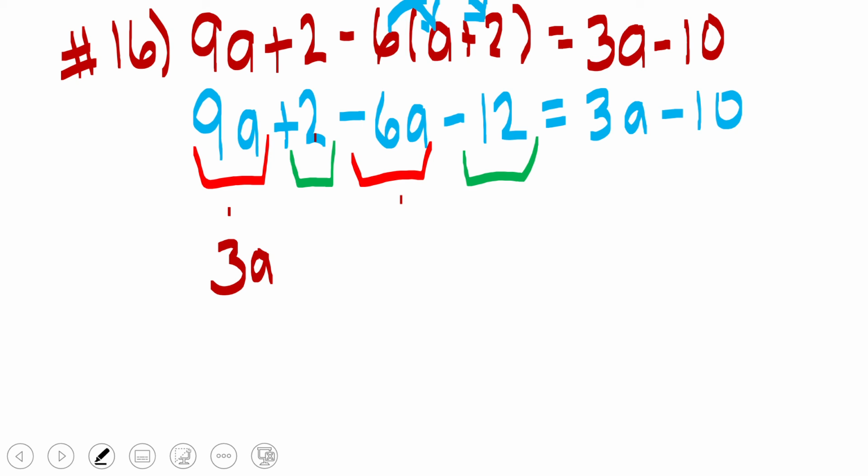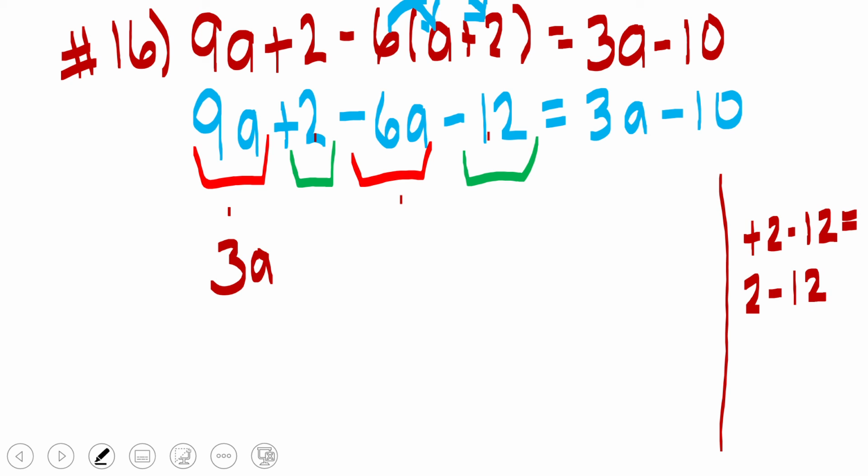Positive 2 minus 12. Let's look in the margin. Positive 2 minus 12 equals. We can also rename this as 2 minus 12, where we do this step, and we say plus a negative 12. Just reminding ourselves, the absolute value of negative 12 is 12. It is the larger absolute value compared to the absolute value of 2, which is 2.